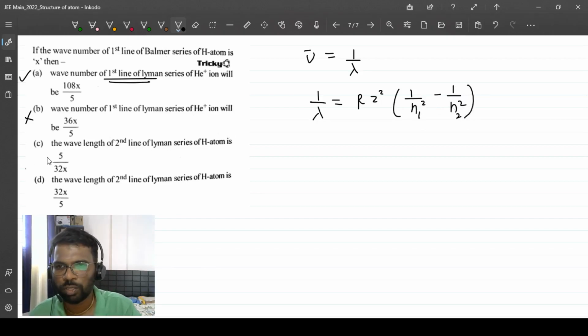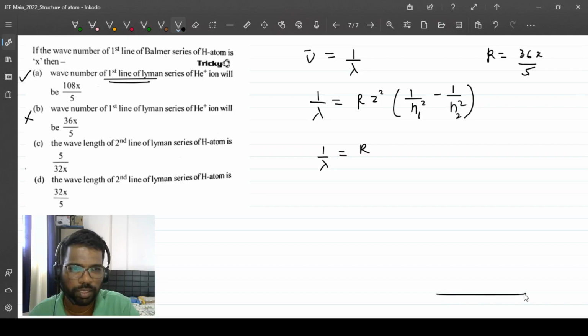So I am solving for option C. What was my R in that case? I was getting R as 36x by 5, right? This was the R which I was getting. So over here 1 by lambda will be equal to R, and it is the wavelength of the second line of the Lyman series.